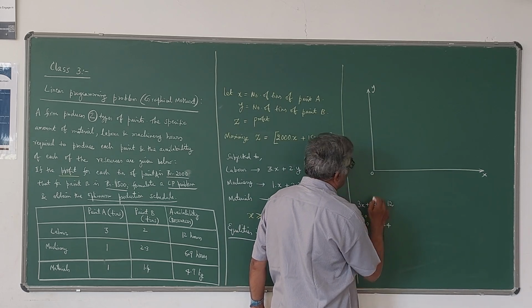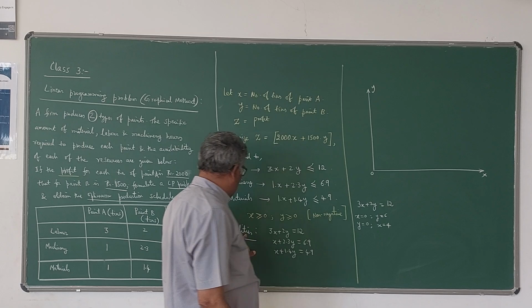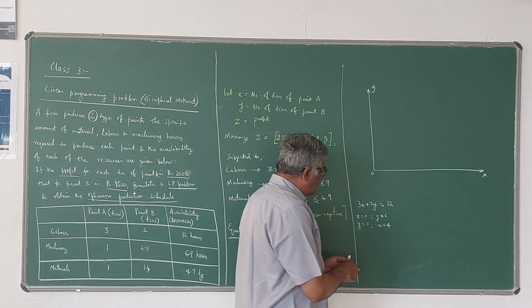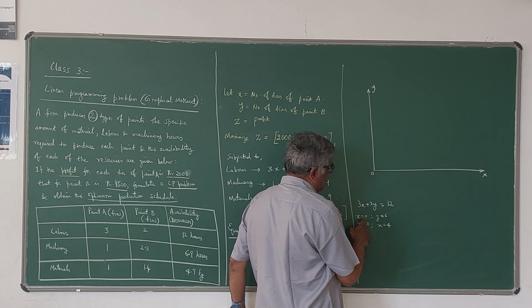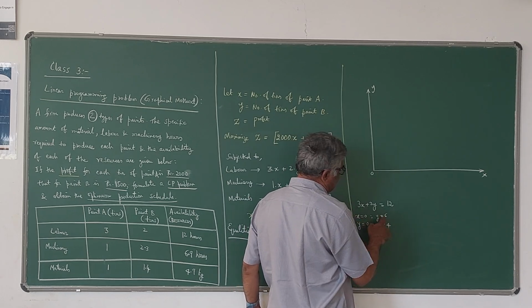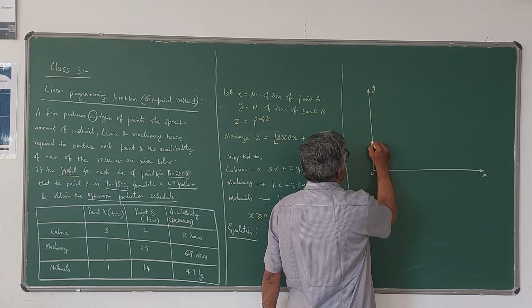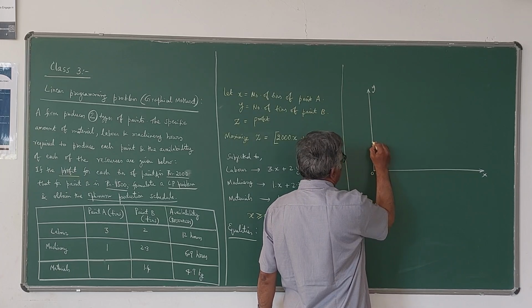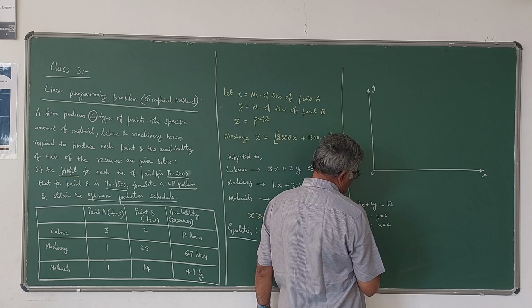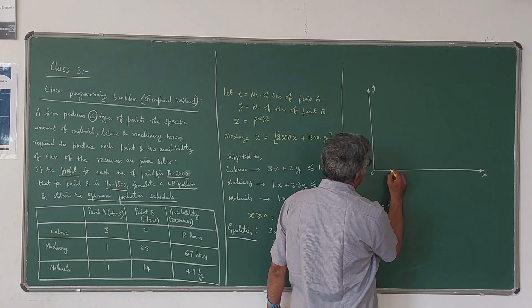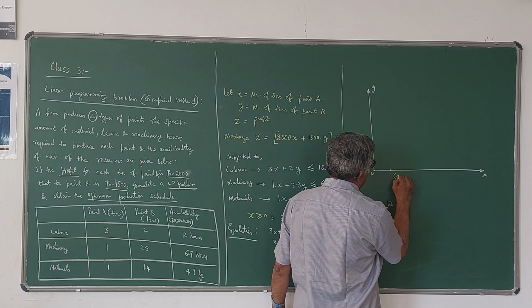So if you want to plot this 3x plus 2y is equal to 12 straight line, I have to take these 2 points. 0, 6: x is 0, y is 6, so this is 6. And another is x is 4, y is 0, somewhere here, so this is 4, 0.